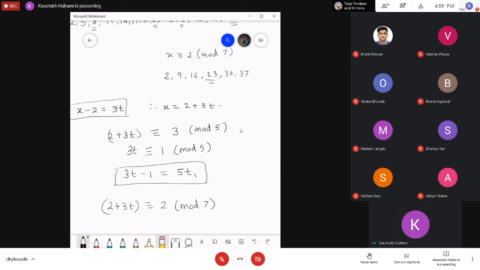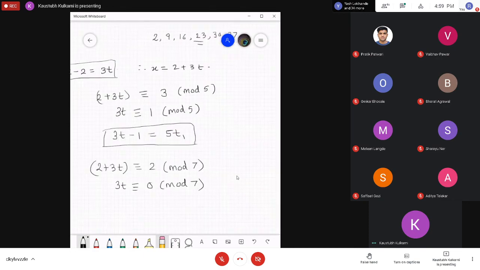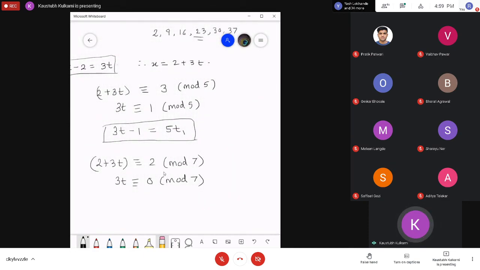What can you make out from this? 3t is congruent to 0 mod 7, which actually means that 3t is a multiple of 7.